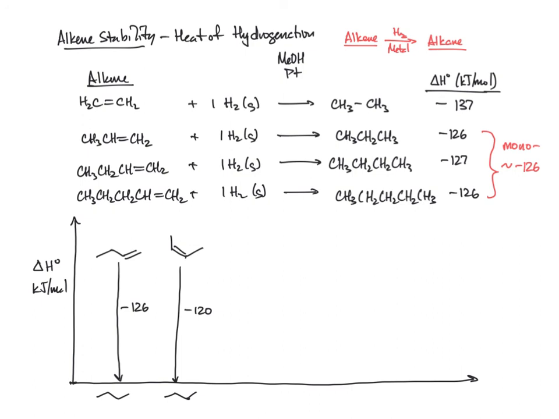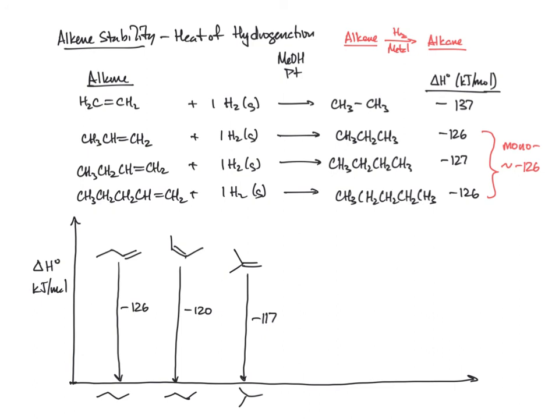So the next in the trend is actually di-substituted, but a constitutional isomer. This is 2-methylpropene. When that's hydrogenated, you end up with 2-methylpropane. This evolves negative 117 kilojoules per mole.